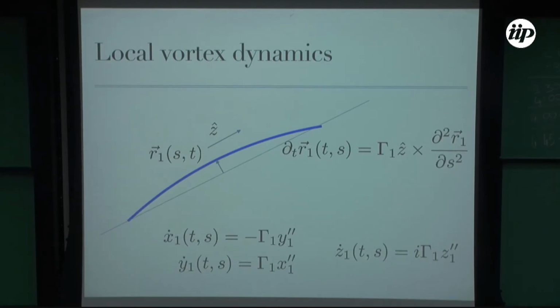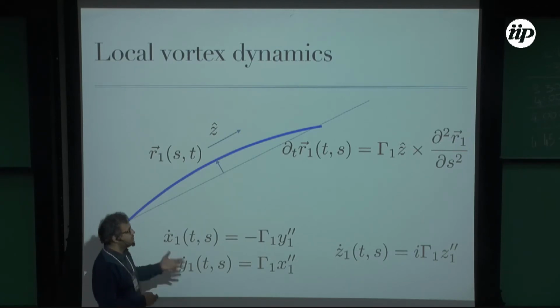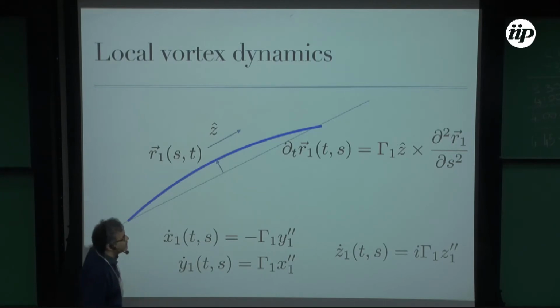The first thing I should say is that this gamma here that I put is not the real circulation. In the nonlinear Schrodinger equation appears h bar over m, and actually it's not h bar over m because there is this log correction that we plug inside the parametrization.